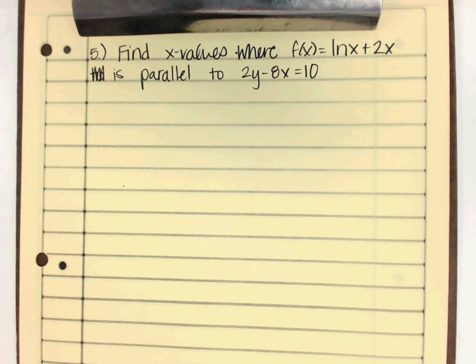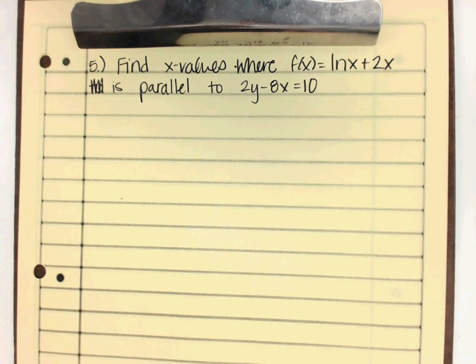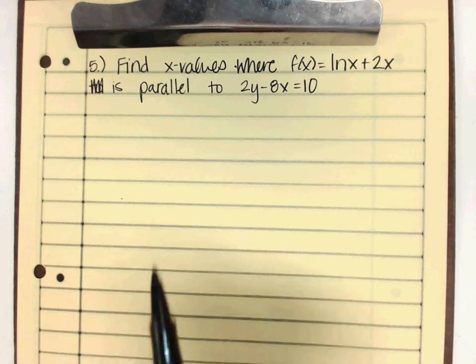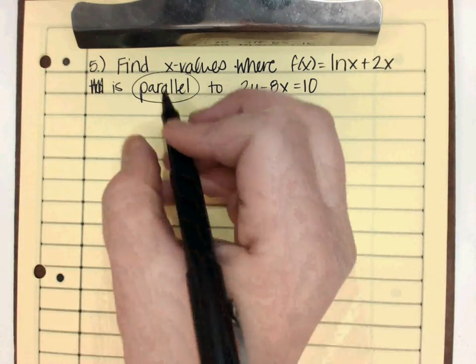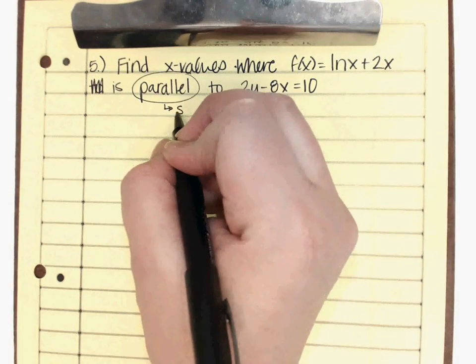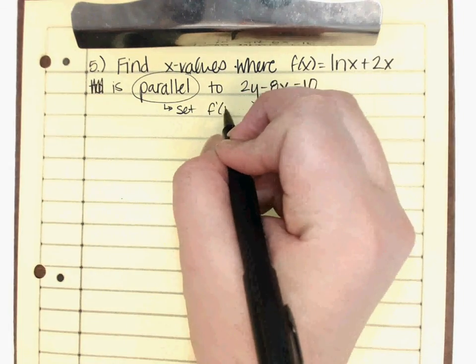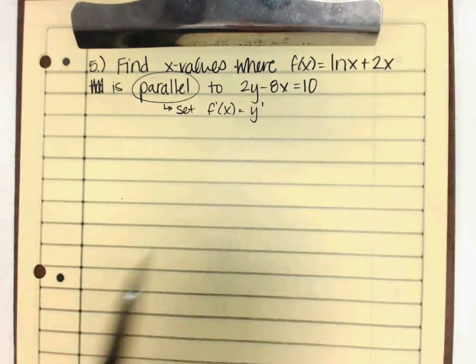Okay, ready? Parallel, what do you do? Okay, come on, Ebenezer, what do I do? Okay, I want them to be parallel. What do we know about parallel, Ebenezer? Same slope, that means I'm setting what equal? f prime of x equal to y prime.